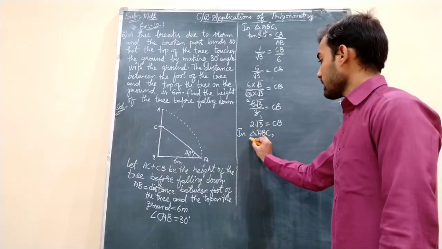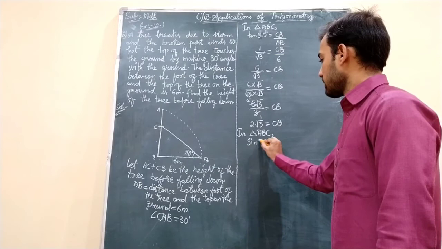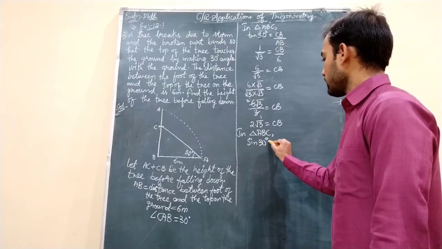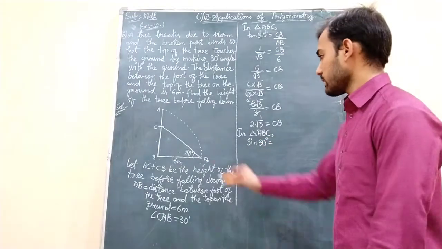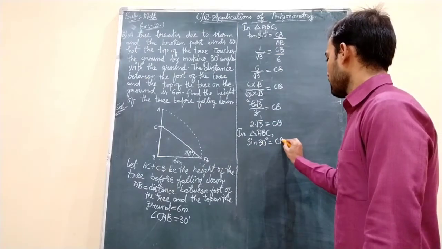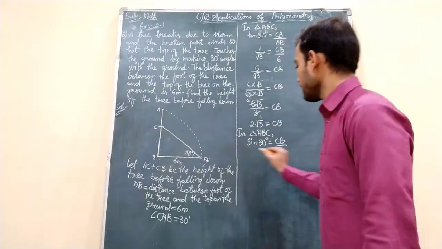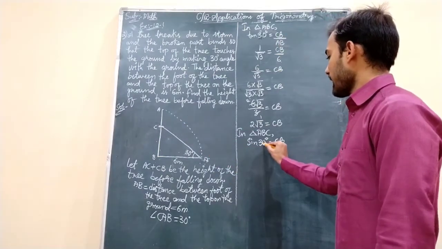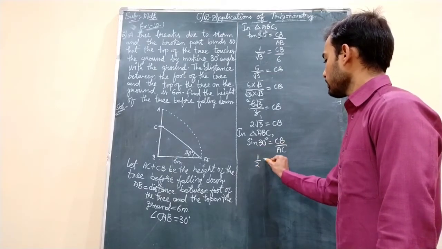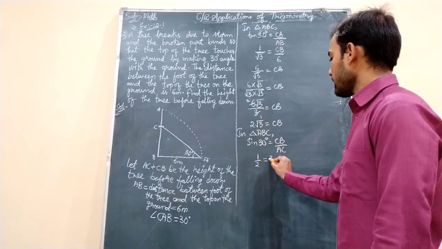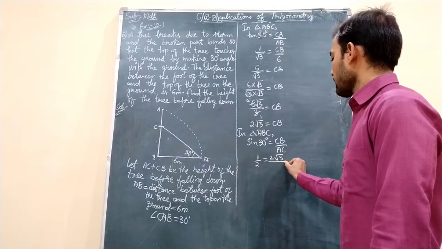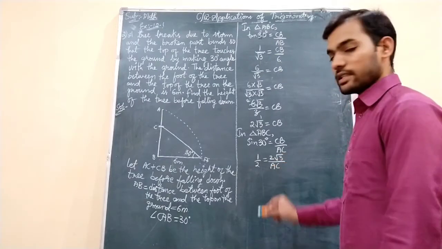Which ratio? Sine 30 degrees equals opposite by hypotenuse. CB by hypotenuse is AC. Sine 30 value is 1 by 2. CB just now we got, that is 2 root 3. And AC is as it is AC.